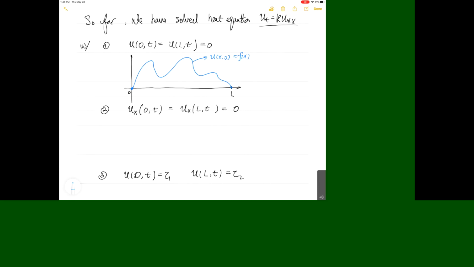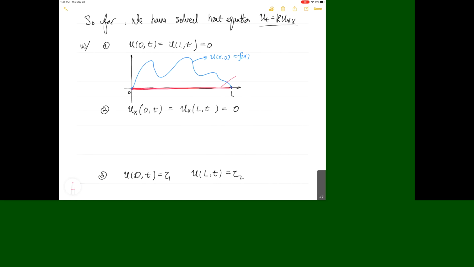And what would be the eventual situation? As the temperature goes, what would be the eventual solution of the function u, if I draw the picture? Because the two ends are always fixed at 0, after a long enough time, the red curve, the solution, becomes 0.